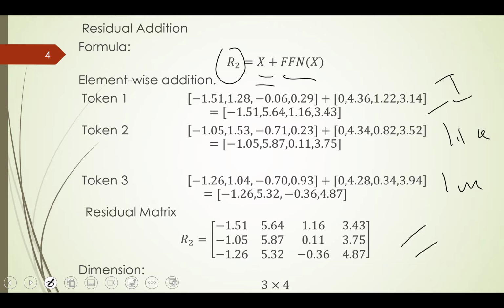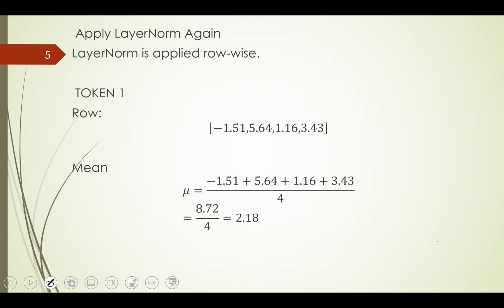This helps training and tackles vanishing gradient, the common problem in backpropagation, and also keeps the original input from before the feed forward network.